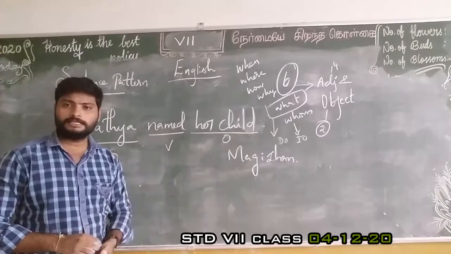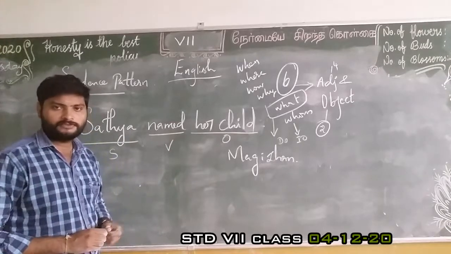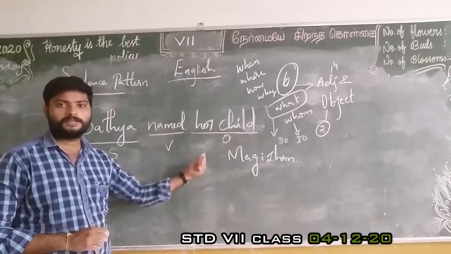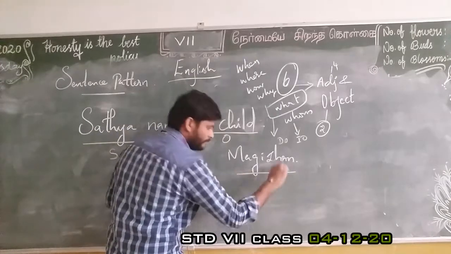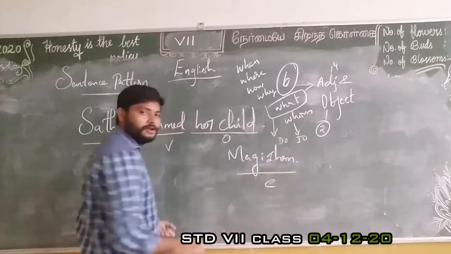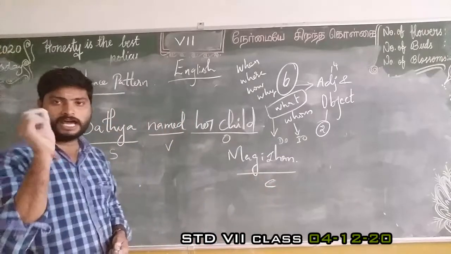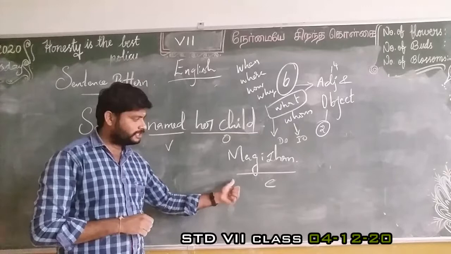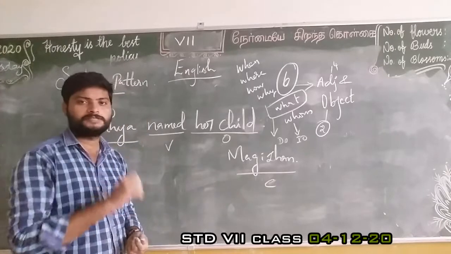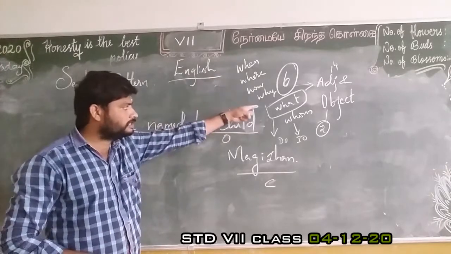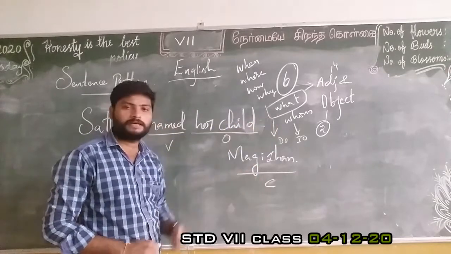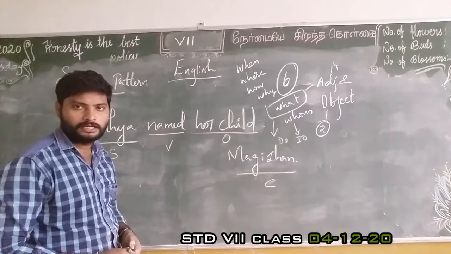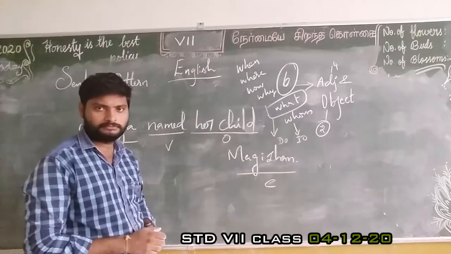Okay, Magilan, it's a name. Whenever you have a name after an object, that is complement. We may have a doubt whether it is a complement or an object, because in this question, what can be answered by Magilan? What is named?